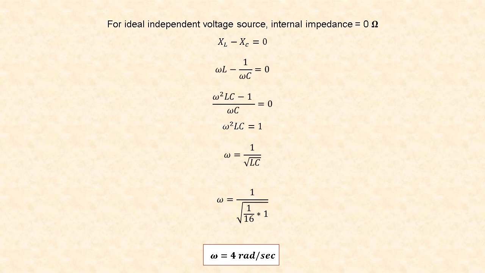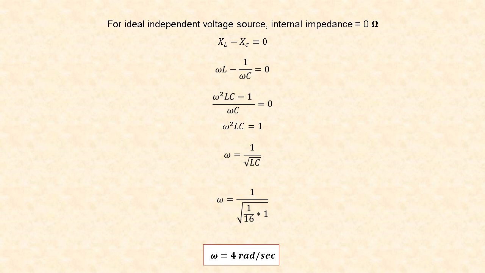So simplifying, omega square LC minus 1 divided by omega C is equal to 0. Now taking omega C to the right hand side, it will become 0. So omega square LC is equal to 1. So omega is equal to 1 by root of LC.